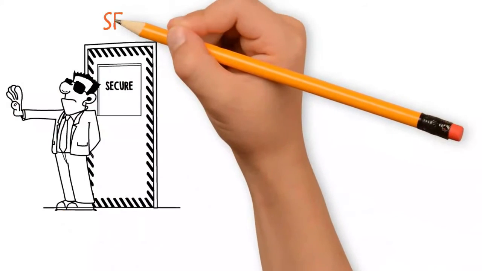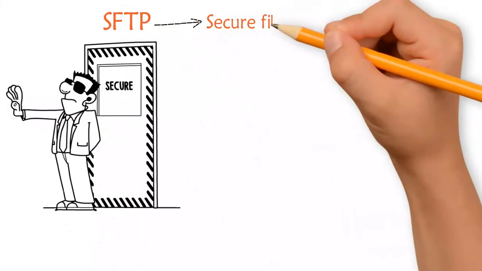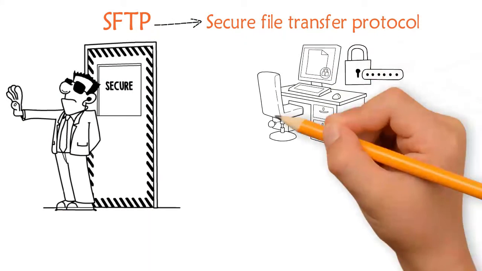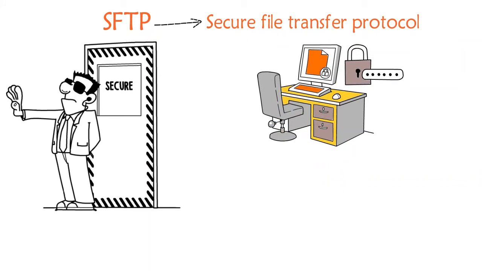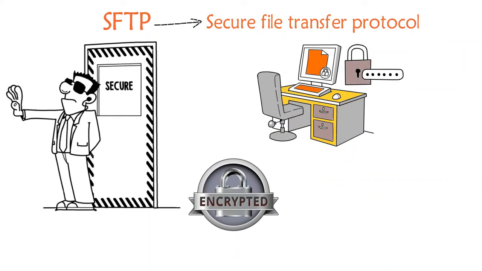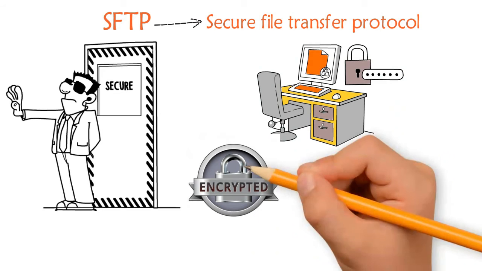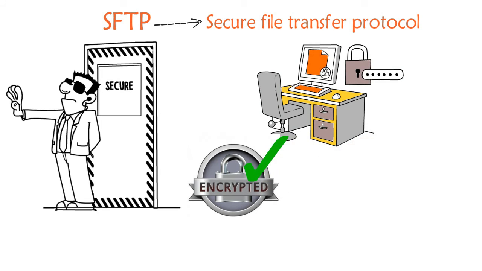And that's where SFTP comes in. SFTP stands for Secure File Transfer Protocol. Now, Secure FTP is just like FTP, except that it adds a layer of security. The data using Secure FTP is actually encrypted using Secure Shell during data transfer. So no data is sent in clear text.